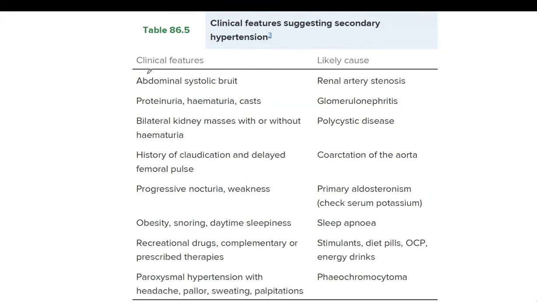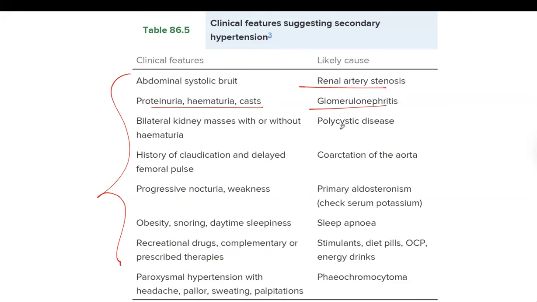Some of these important clues will be there in the exam. If there is a renal bruit or abdominal systolic bruit, then we think of renal artery stenosis. If there is proteinuria, hematuria, or RBC casts, think of glomerulonephritis.